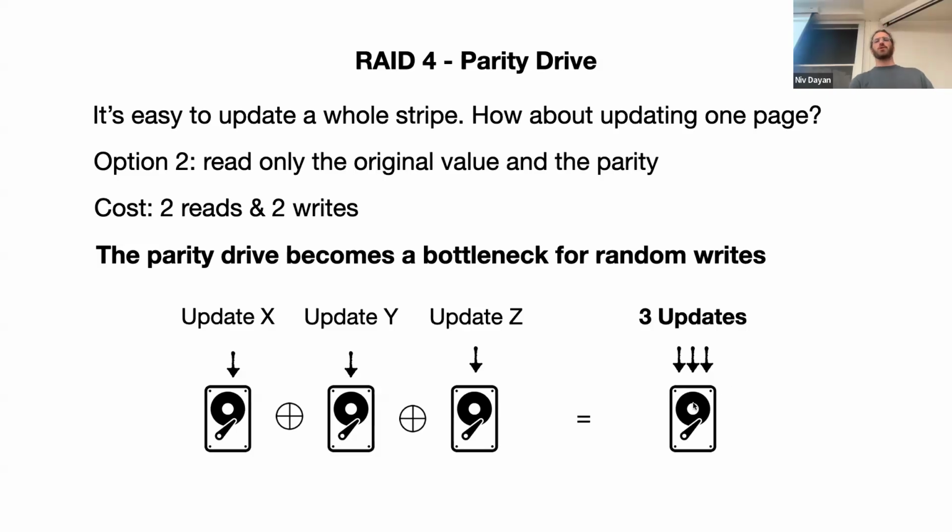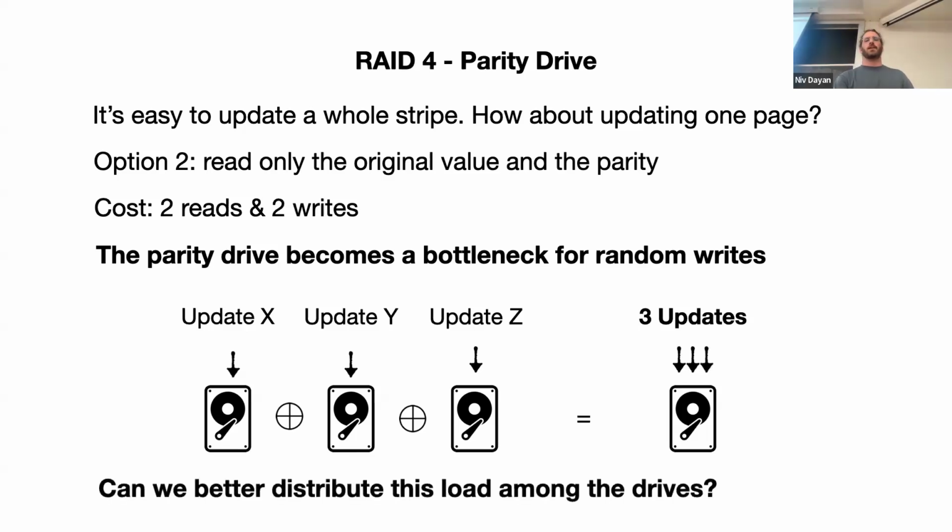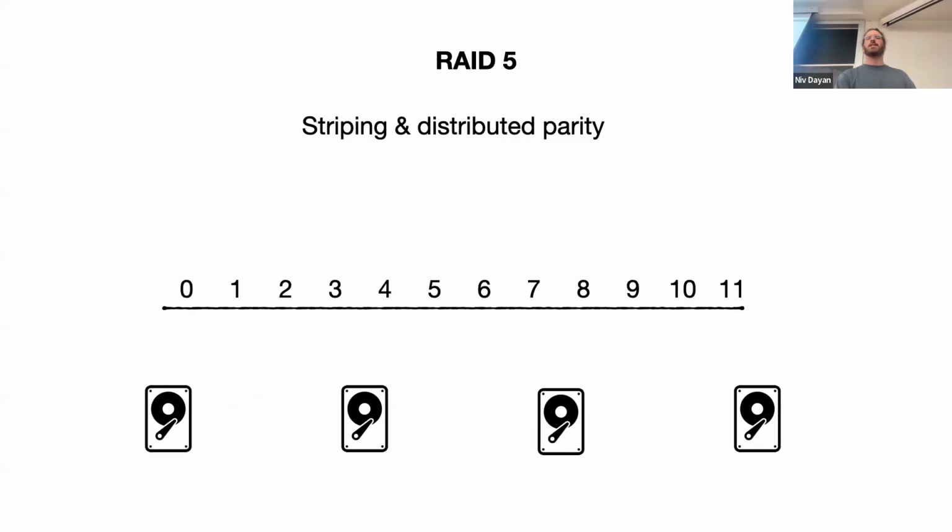Imagine that we have two different parity drives. Any change that goes to one of them also has to go to the other one. So I still can't really parallelize. Okay. Does anybody want to say anything else? Okay. But yes, striping the parity drive is exactly the intuition that leads us to RAID 5.